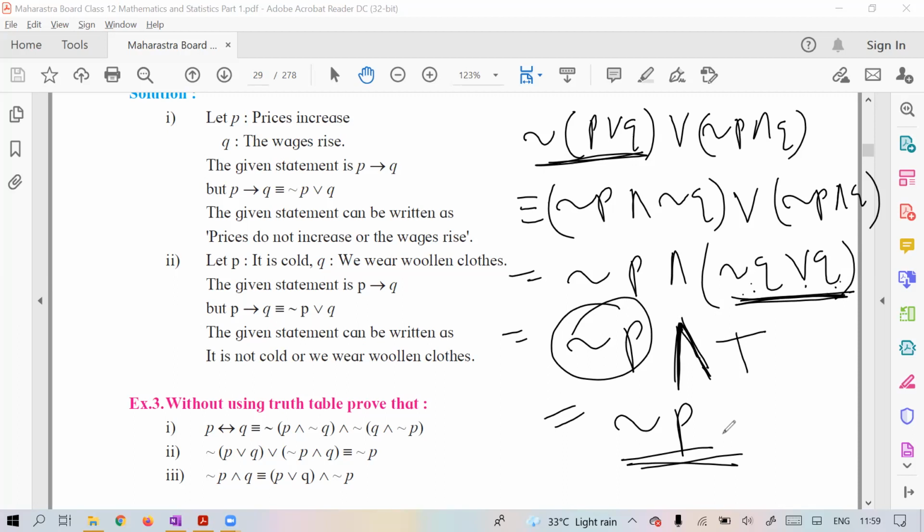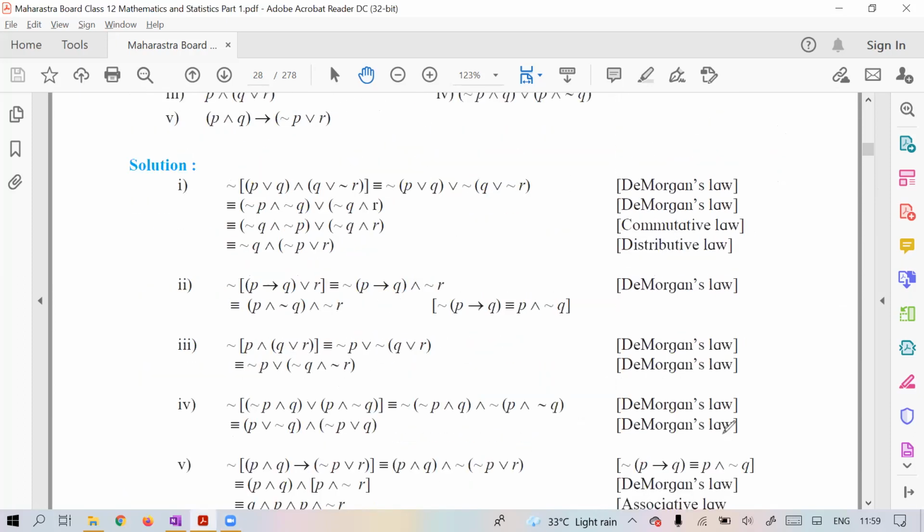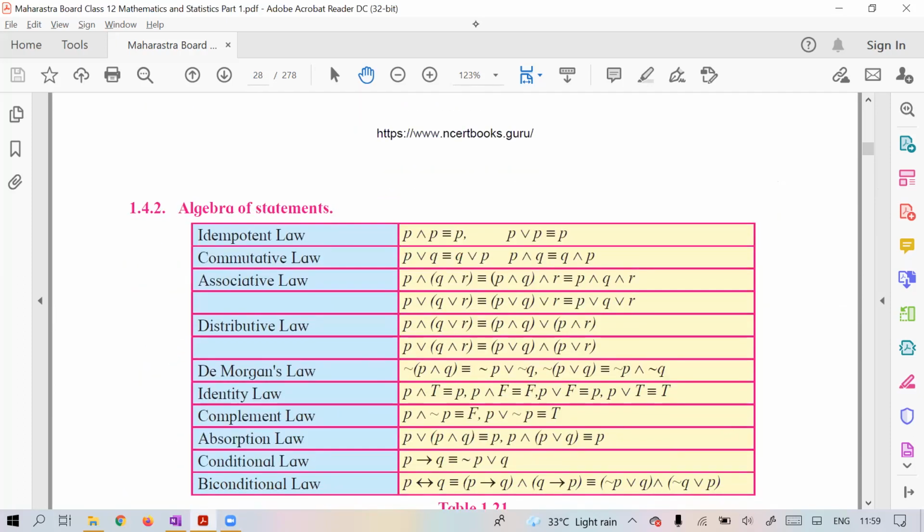Okay, that's fine. Or do you have some difficulties? What I'm doing is using this algebra, this table. While solving at home, you also use this table.